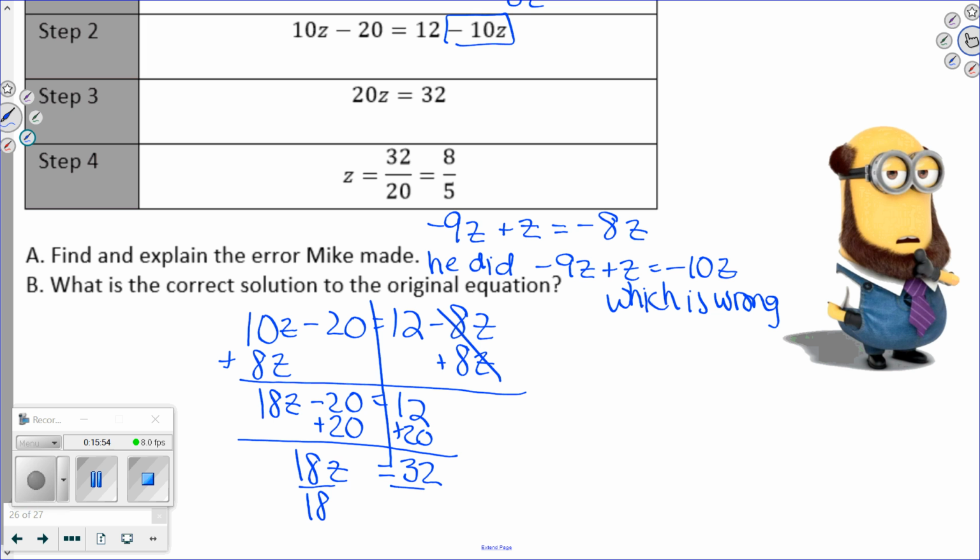Divide by 18. What's z equal? 16 times 2 is 32, not 18. So, guys, when you're looking at a problem like this, just simplify the fraction. 32 over 18, simplify it. It's 16 over 9.